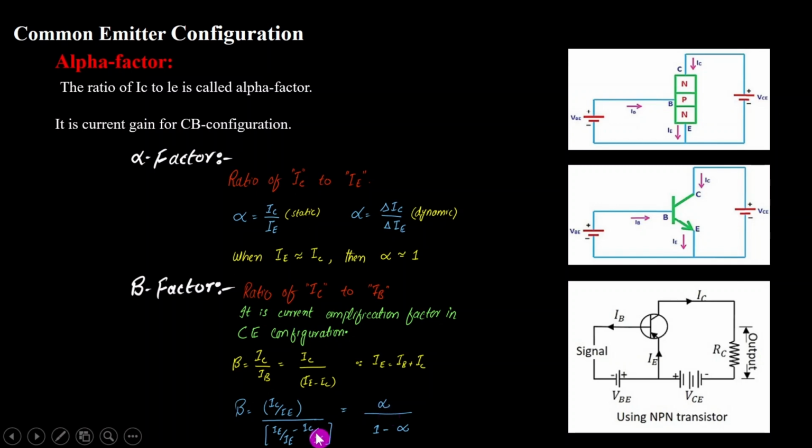In the denominator, IE divided by IE is equal to 1, minus IC divided by IE, which is again alpha. So the beta factor is equal to alpha divided by 1 minus alpha. That is the current amplification factor in the common emitter configuration. So this was the explanation for the configuration in the transistor.